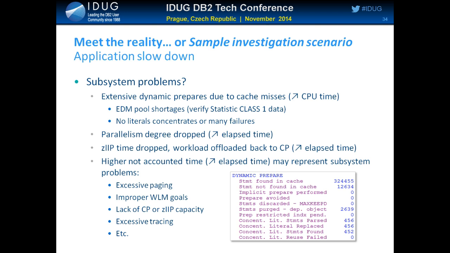Or if you have zIIPs on your system, then zIIP time went down because it was taken by somebody else. That would mean many of your zIIP-eligible workload will be routed back to CPs, common processors in a way. Then that will again be reflected in longer elapsed times.